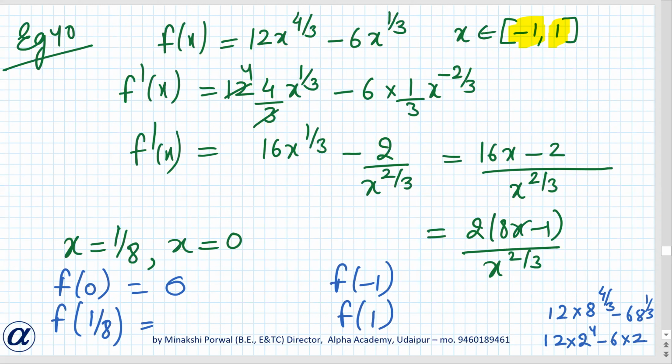But it is minus, I think, wait a minute. It is in the denominator. One minute, we'll find it. f(1 by 8) is equal to 12 into x to the power 4 by 3.